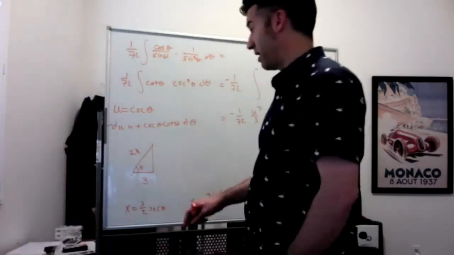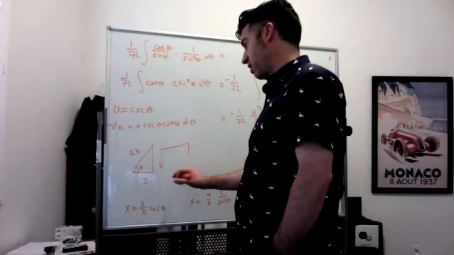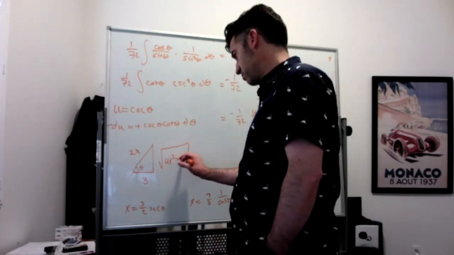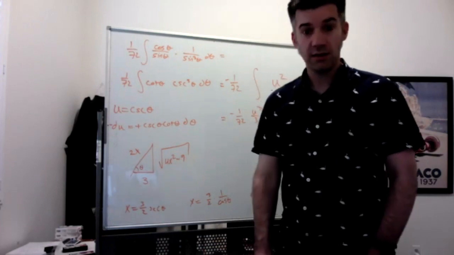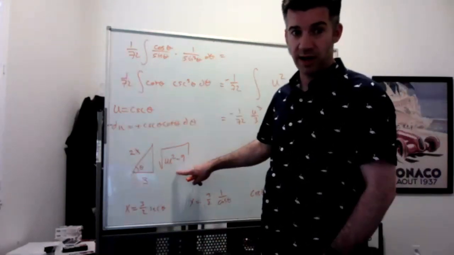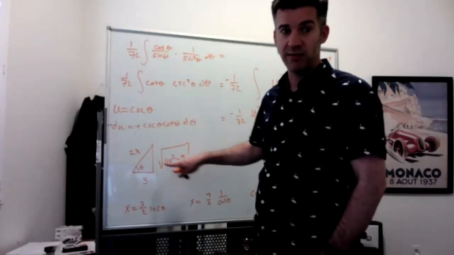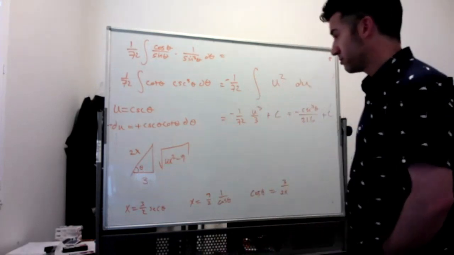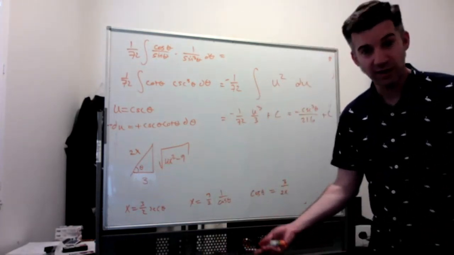And then my third side had better be the square root of 4x squared minus 9. It is. This squared is 9, plus this squared is 4x squared minus 9, and 9 plus 4x squared minus 9 is equal to 4x squared, which is the square of 2x. Or you can just divide that into it.